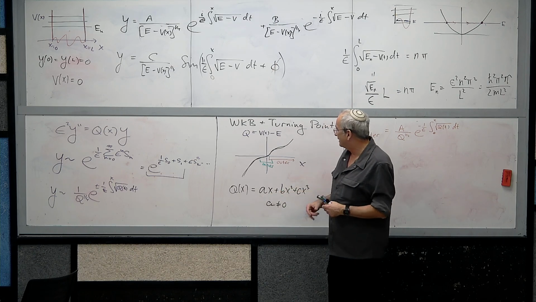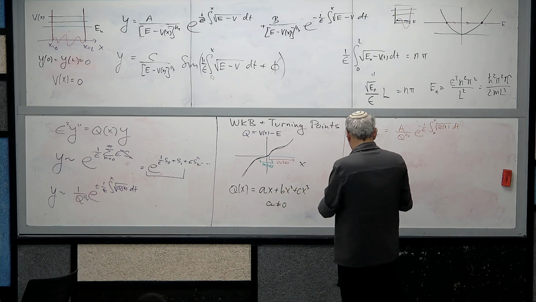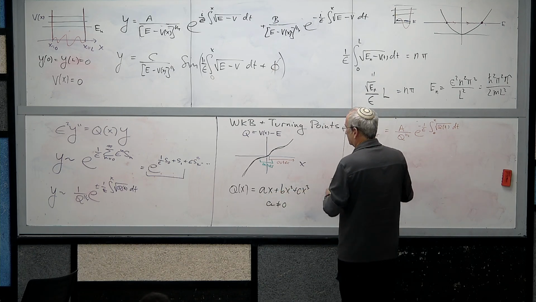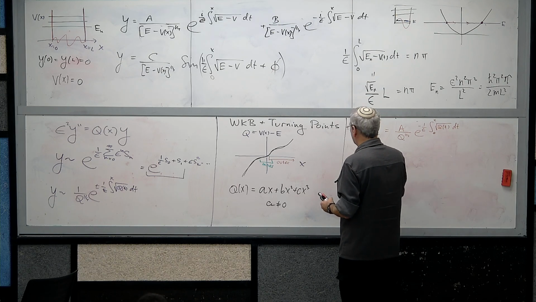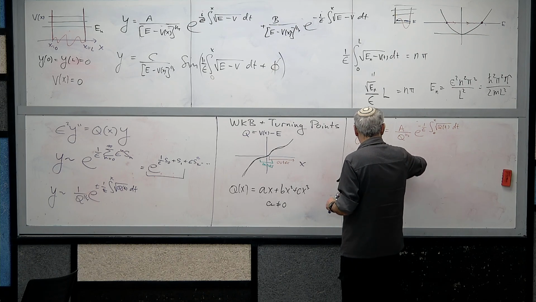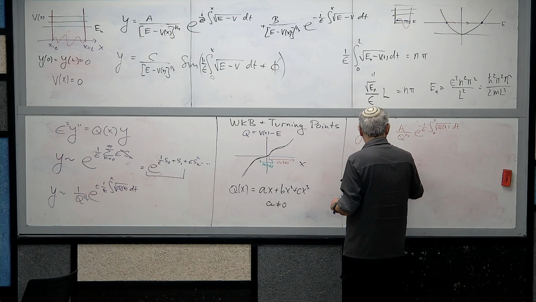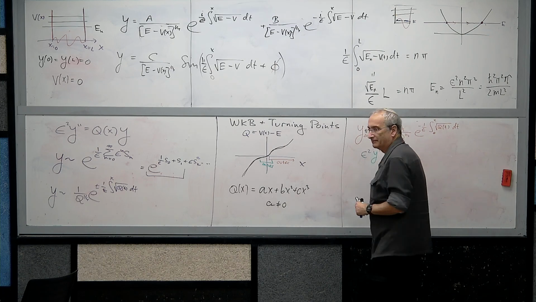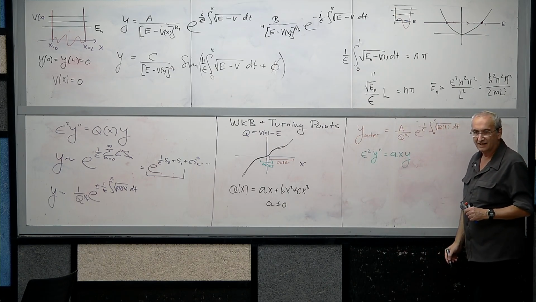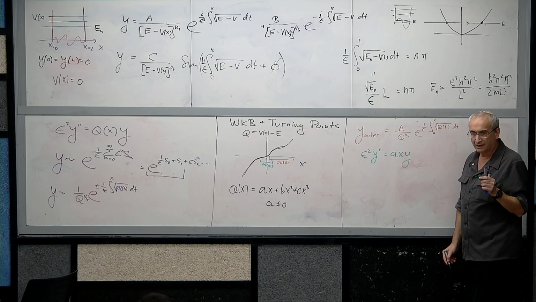So the equation in the inner regime will be epsilon squared y double prime equals a x y.